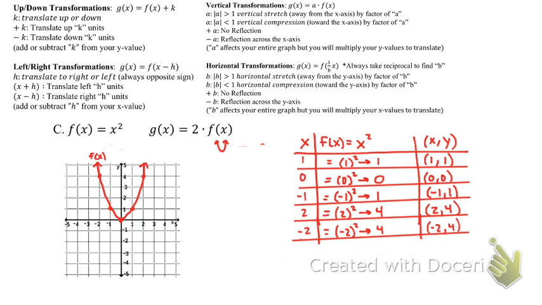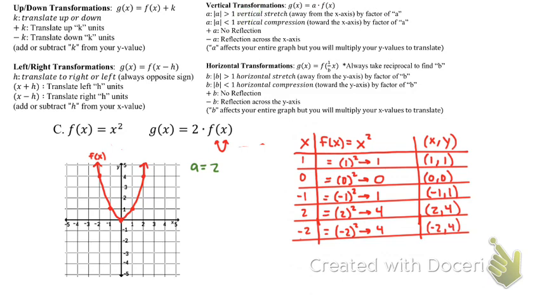Okay? If you look at our rules above, when we multiply our function by a number on the outside of parentheses, this is the a value. So in this case, a is going to equal 2. Okay, so let's look at our rules. If a is equal to 2, we're going to have either a vertical stretch or a vertical compression.